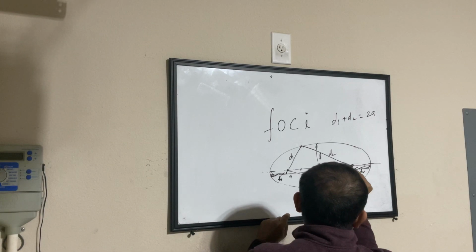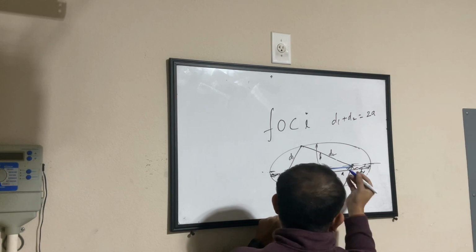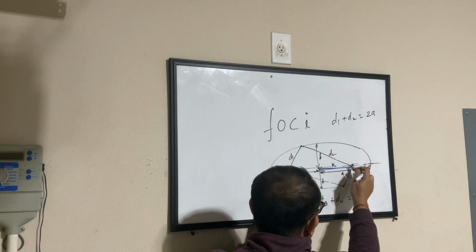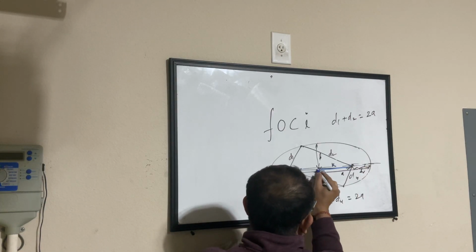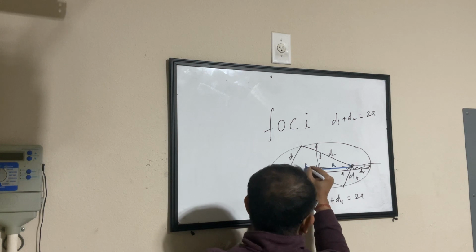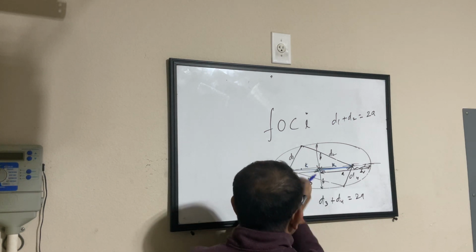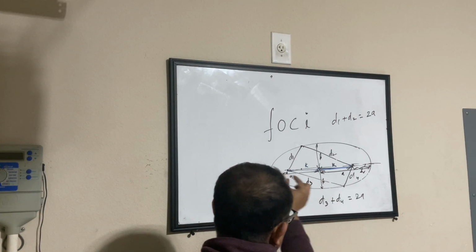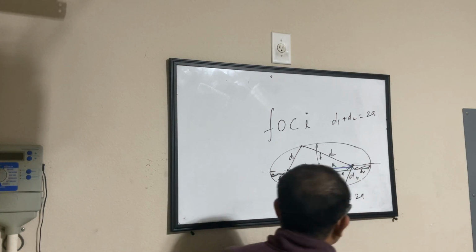Let's say the blue one, let's say it's k. Origin to the first foci is k, and then origin to the second foci is also k because this is symmetric. So my h is from here to here. This h is here to here.